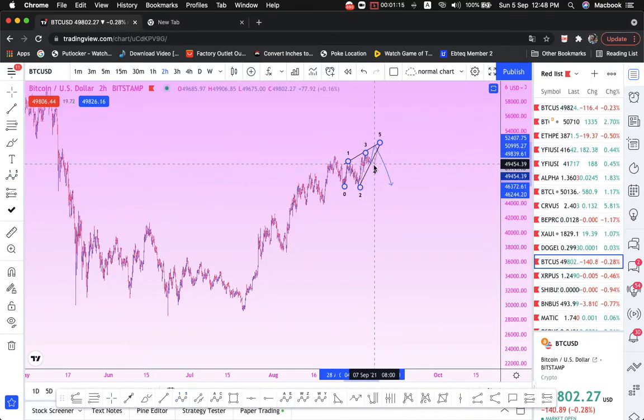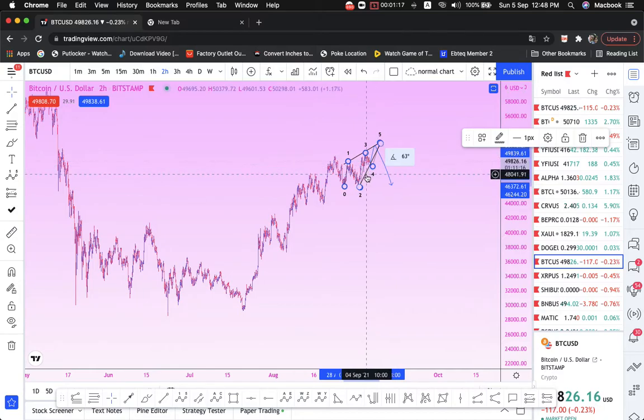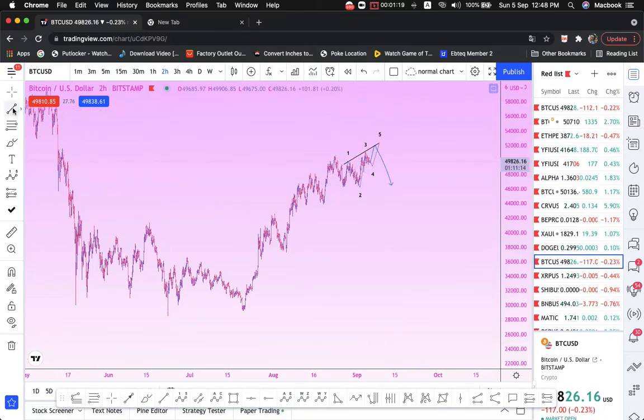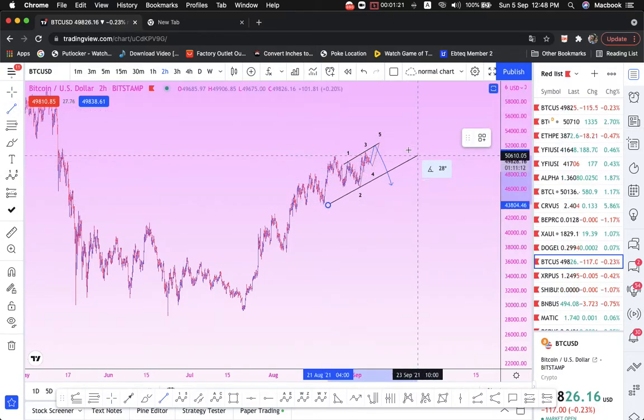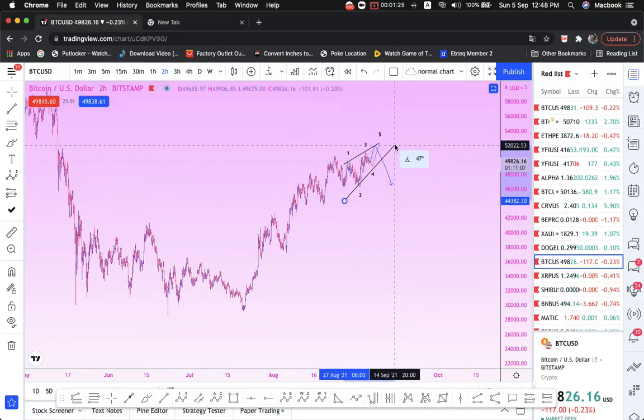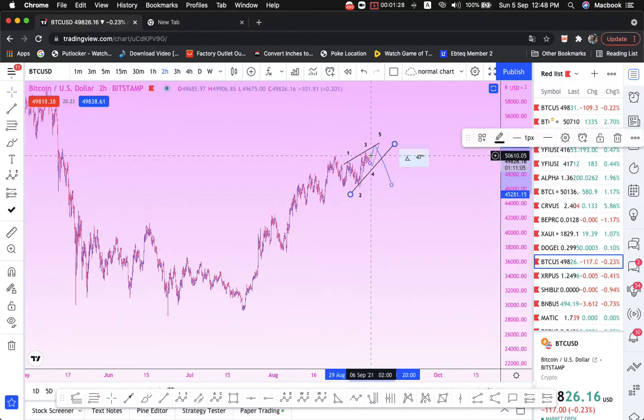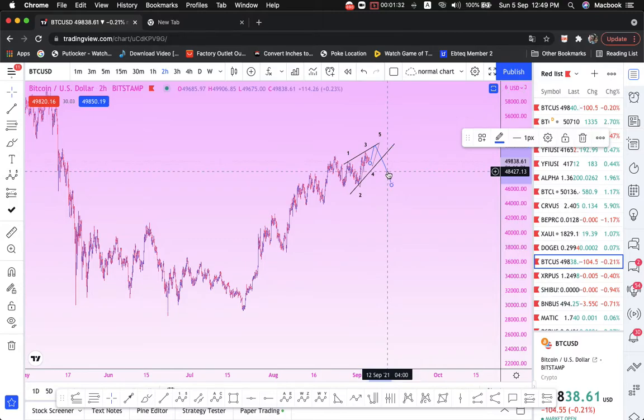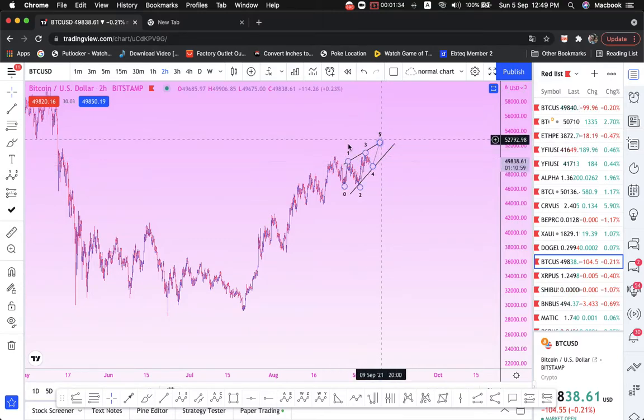Okay, so the fourth wave can come down like that, and the whole structure is going to look really great, and it's kind of indicating a possible rollover after another leg up. Okay, so I'm expecting this.